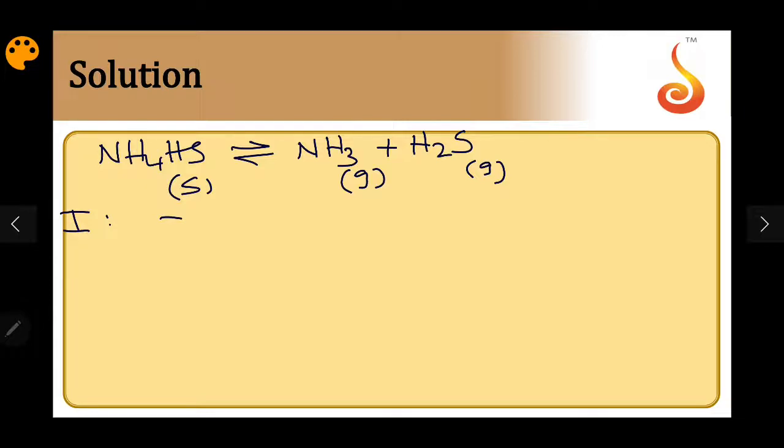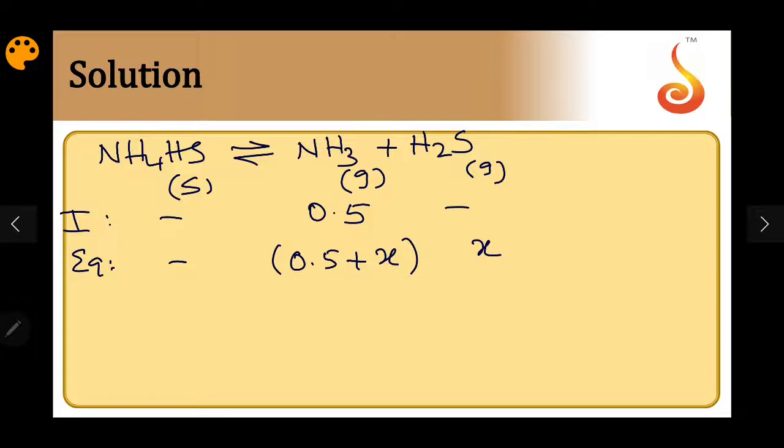Already ammonia is at 0.5 atmosphere pressure, and H2S is 0. At equilibrium, again the solid is not required. The ammonium hydrogen sulfide decomposes to give more ammonia. So let us say x moles of ammonia is formed by decomposition. So ammonia becomes 0.5 plus x, and H2S is also going to be x.